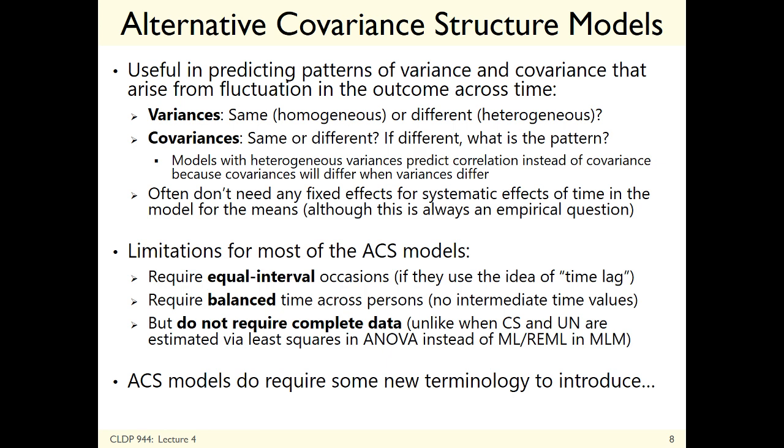Unfortunately, within this family of models, there's no middle ground. They're all the same or they're all different. So the structures that I'm going to show you will just have a name like, say, Toeplitz, and then there's Toeplitz heterogeneous, where the word heterogeneous at the end refers to whether or not the variances get to be different by occasion. So homogeneous is the default.